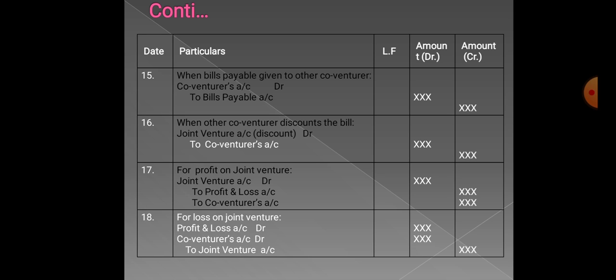Like this, to the other co-venturer's name capital account has to be transferred, and his personal profit has to be transferred to P&L account.